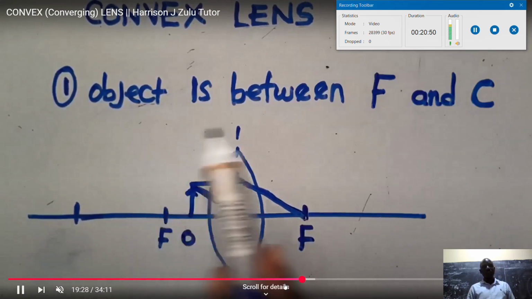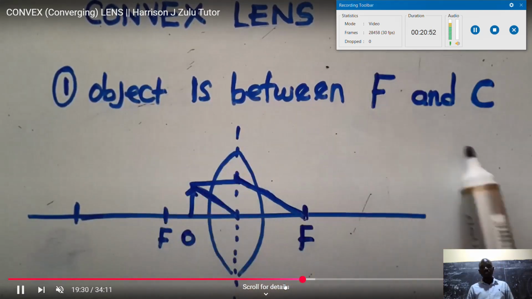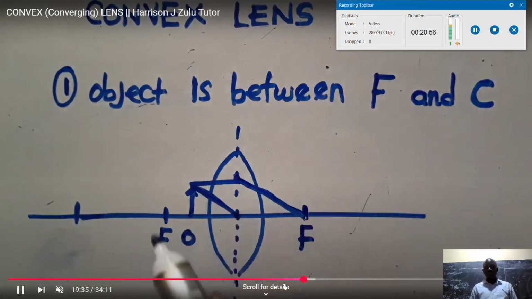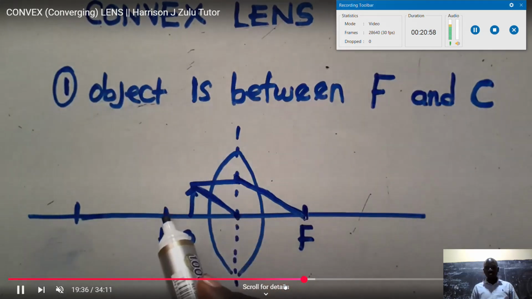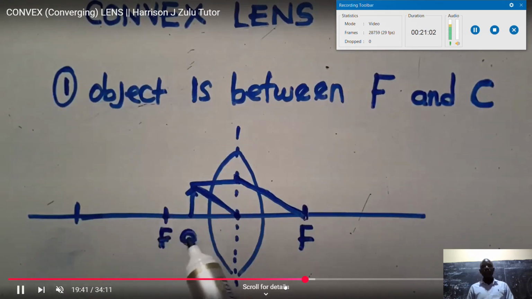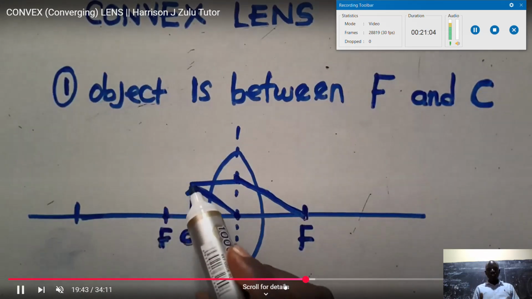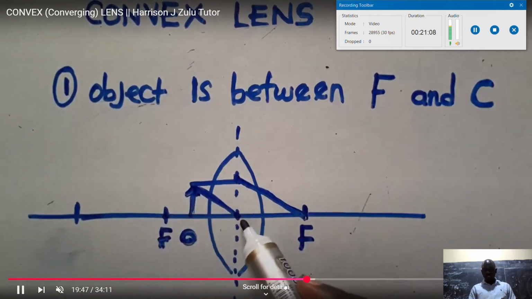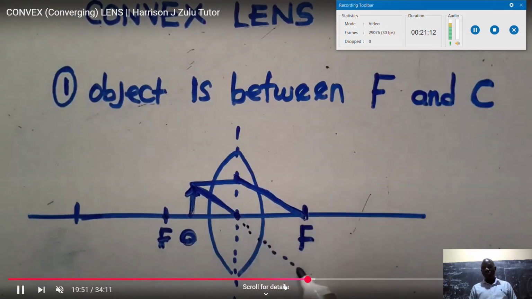Now, number one, when the object is between the F and C, F is the principal focus, and C is the optical center. When you have the object O, which is between the C and the F, like the way I have illustrated it there, we shall apply any two rules.